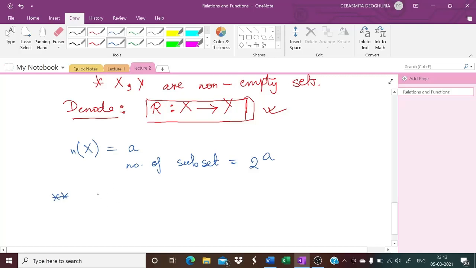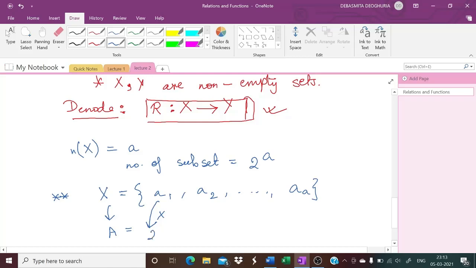Now see, suppose X has a elements, say a1, a2, up to a_a. Now you have to form a subset from this. Each of these elements in set X will have two choices: either it will come in the subset or it won't.